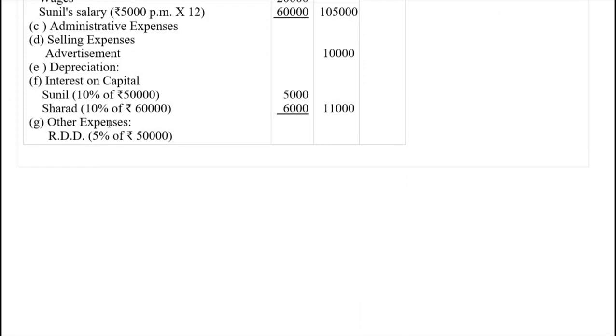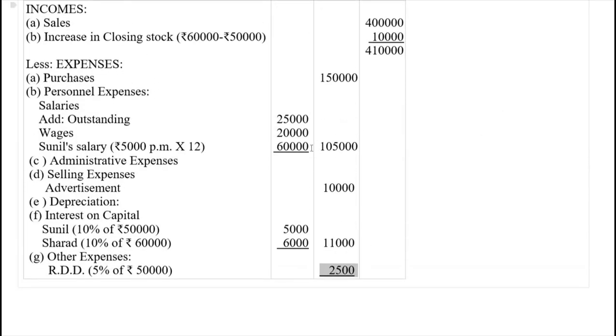Let me take it directly to the outer column. Now we need to take the sum of all these: 1,50,000, 1,05,000, 10,000, 11,000, 2,500, which comes to rupees 2,78,500. Let me check. Yes, 2,78,500.